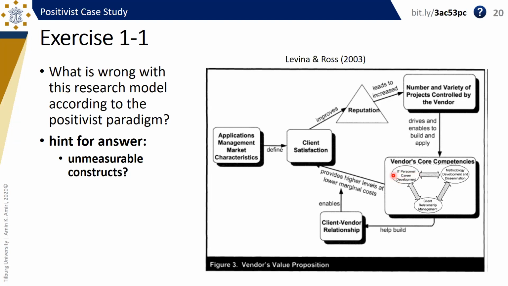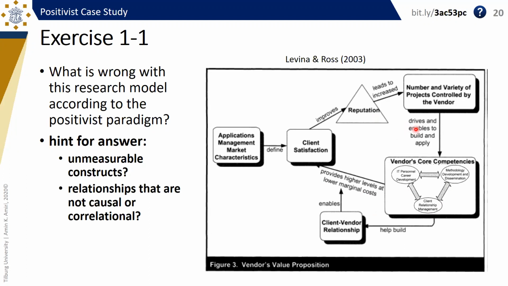Can you assign a high or low value to this? Or client relationship management. Can you assign a high or low value to this? You cannot. So there is no problem with having this theory. The problem is that they mentioned they are using a positivist approach. If they would say, I'm an interpretivist, no problem. You have found these relationships and these constructs, and the relationships and constructs could be anything.